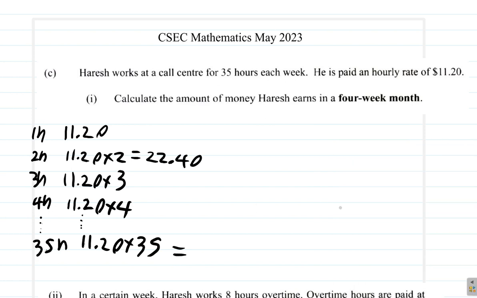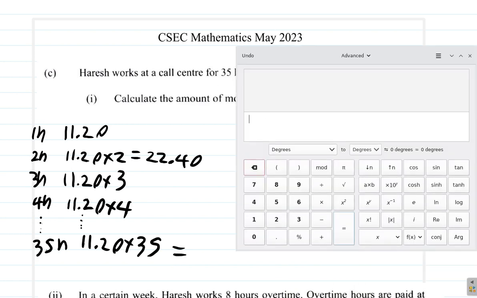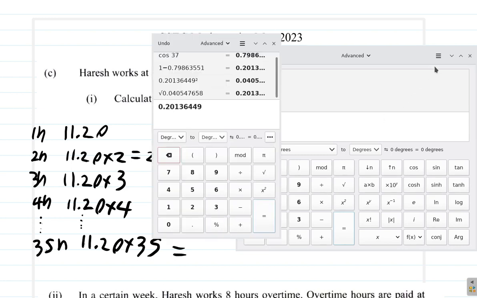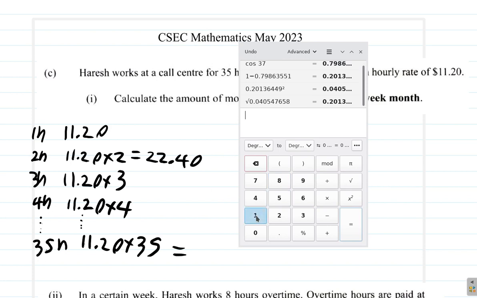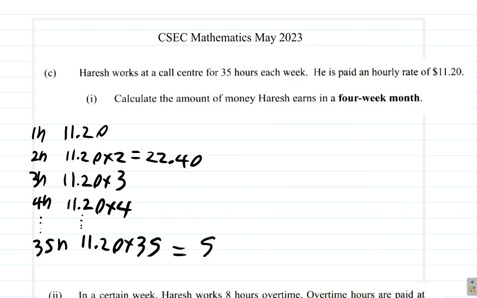So we get our calculator and work it out. $11.20 times 35 will give us $392 for 1 week.